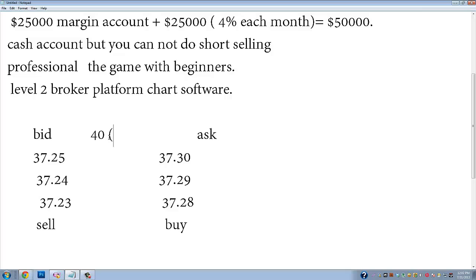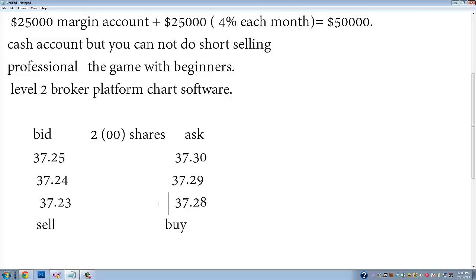I put it like this because in the platform, for example, when you see 2, it means 200 shares. And let's say here 200 shares. Now the ask we have, for example, 200 shares also. Just an example.